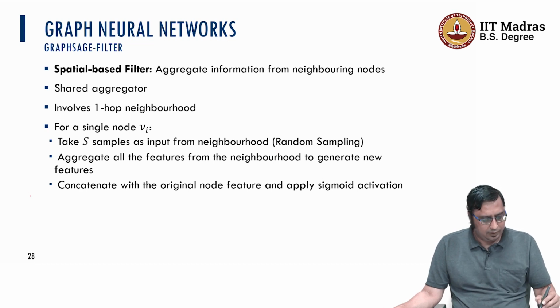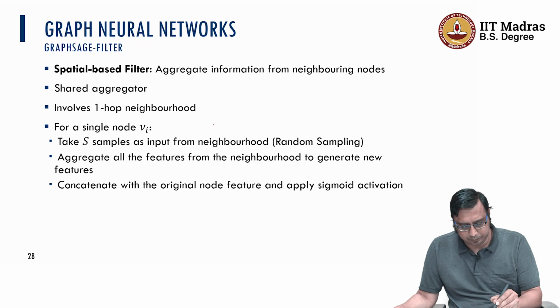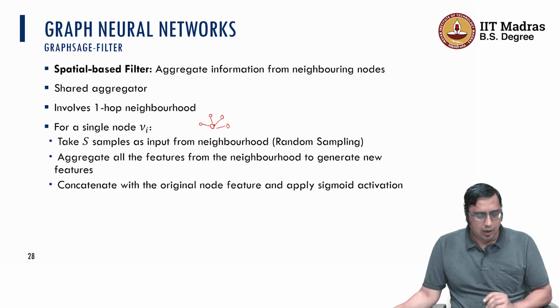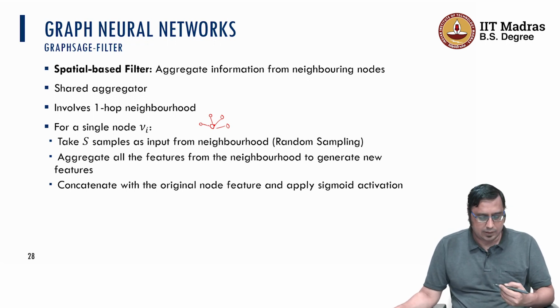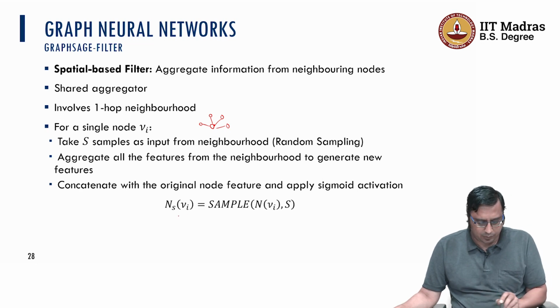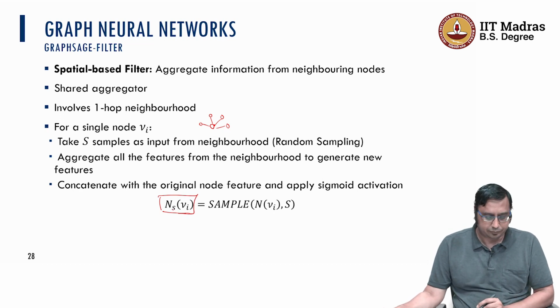So if I have a node and neighboring nodes, typically one hop, I'm trying to sample randomly a set of the neighborhood. Once I have that, that's what this operation is. So at the end of the day, I will get a new set of neighbors, which are a sampled set of neighbors.